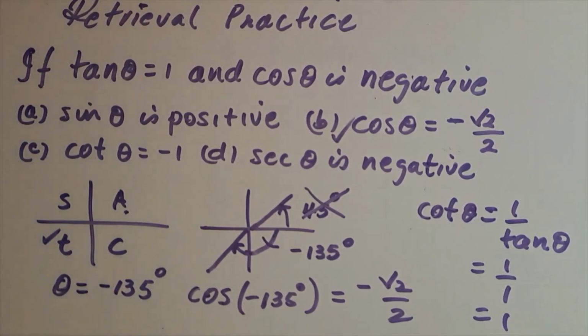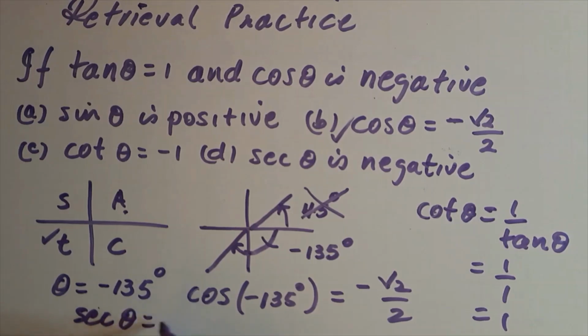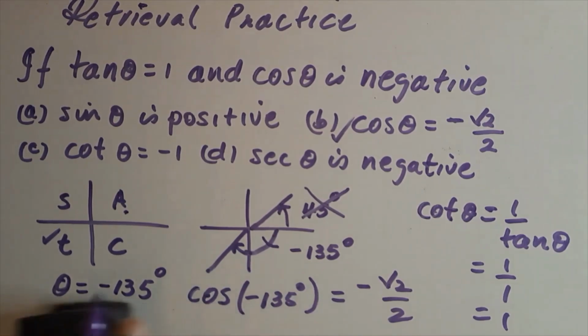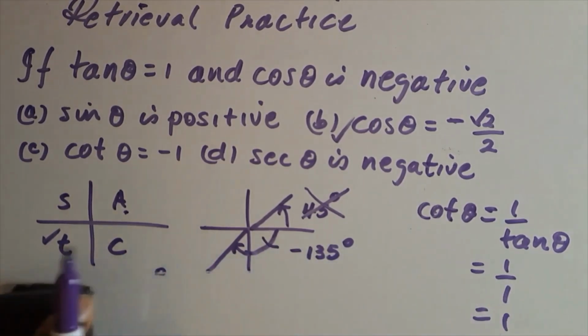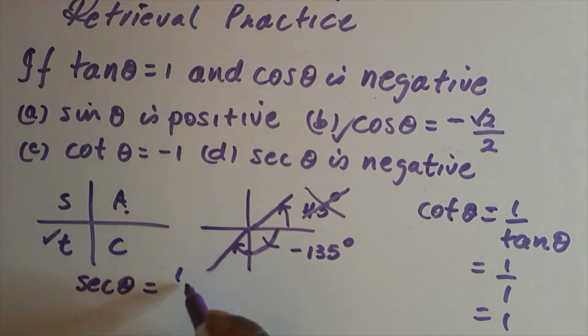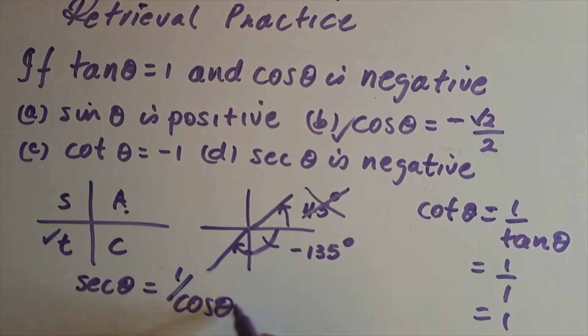What about sec theta being negative? Is that true or false? Well, what is sec theta? Sec theta is equal to the reciprocal of cosine theta. So sec theta is equal to 1 over cosine theta.